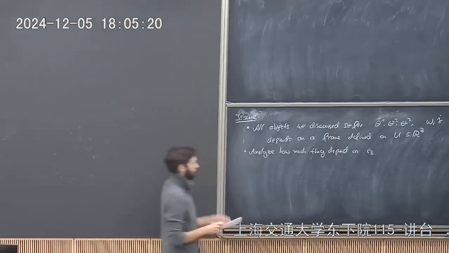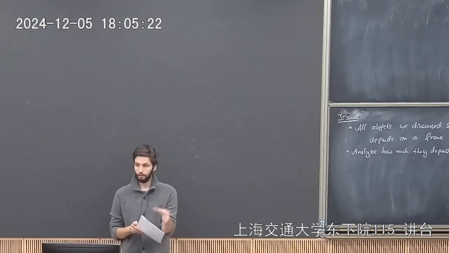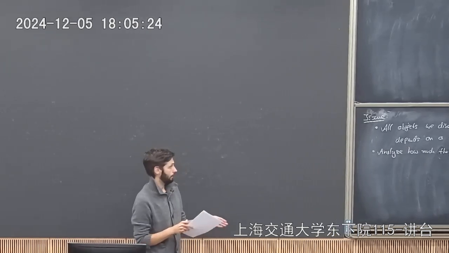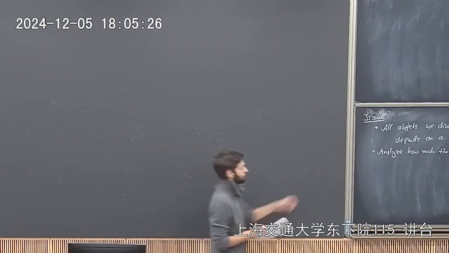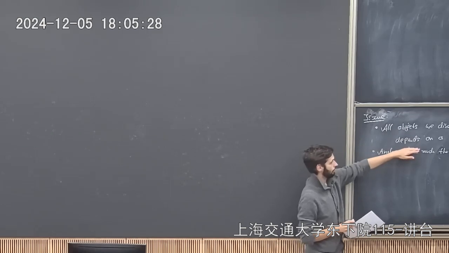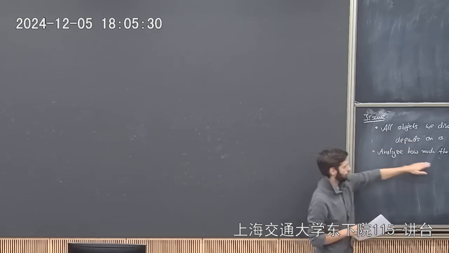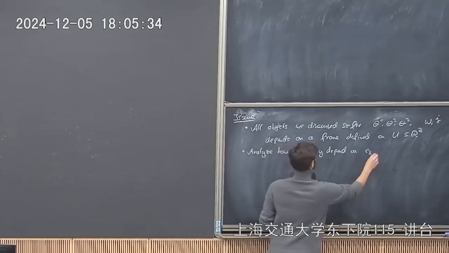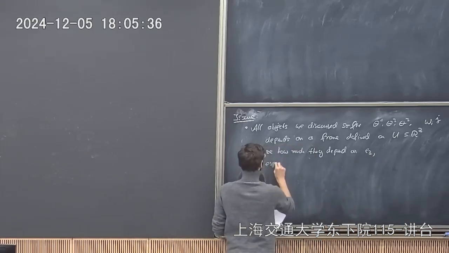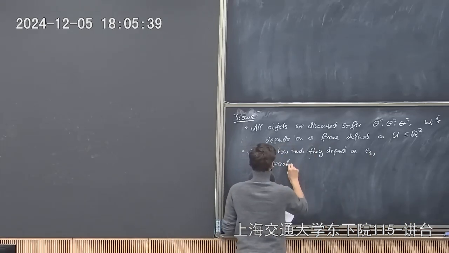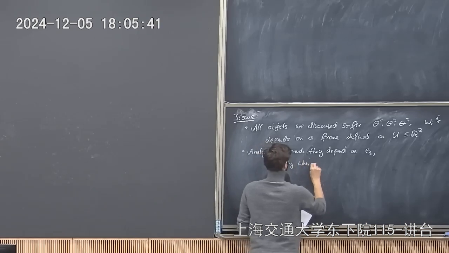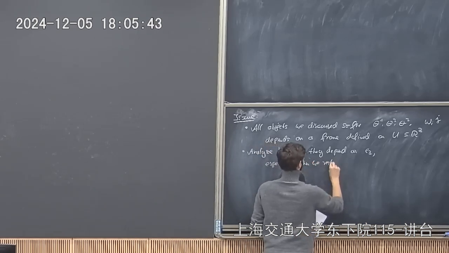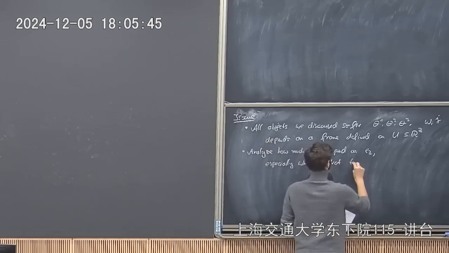We fix, in some way, E1 and E2 on the surface, and then we would like to say how much do these forms still depend on E3, especially when we restrict to the surface.